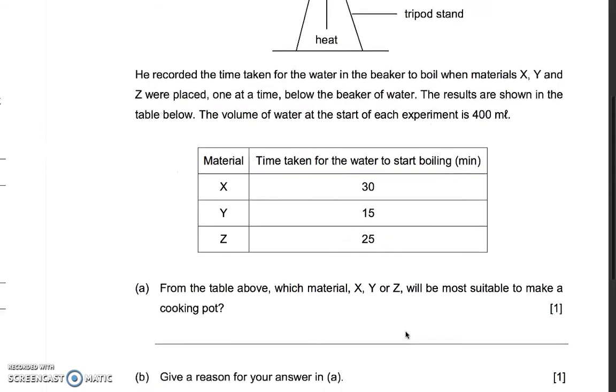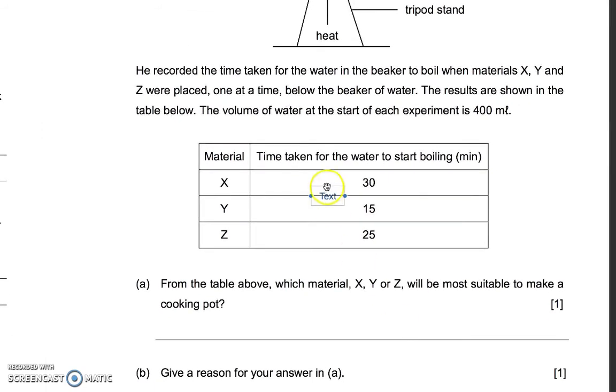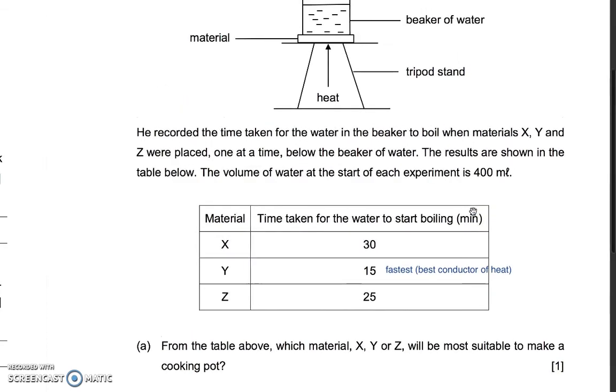Okay, so based on this, we can tell that 15 minutes is the fastest for the water to boil, and therefore we can conclude that material Y is the best conductor of heat. The reason is because conductor means it allows heat to pass through it easily.